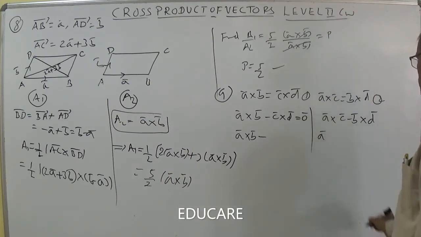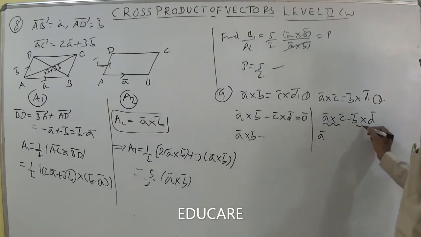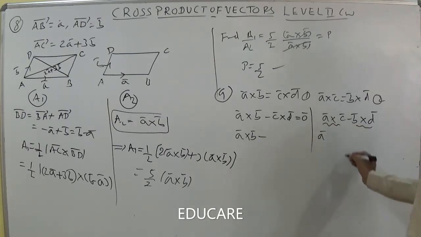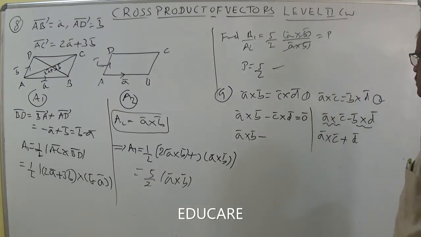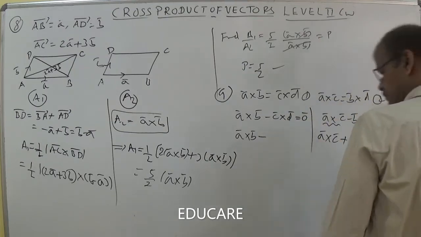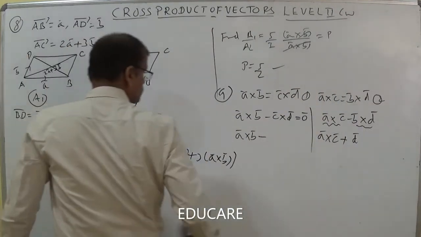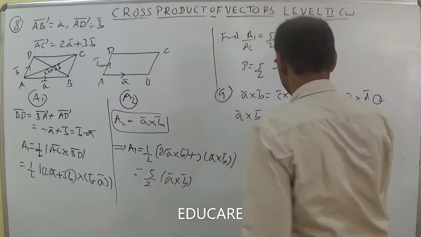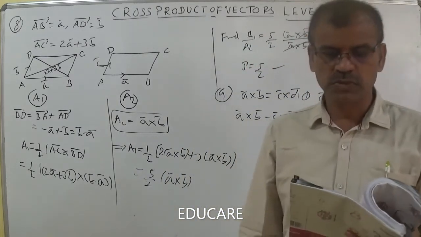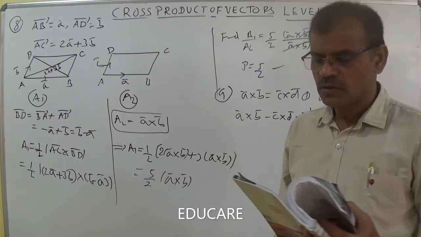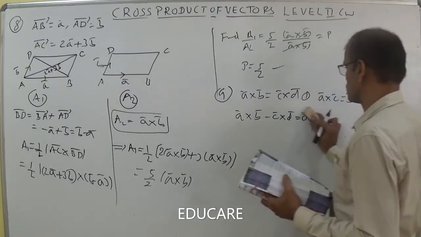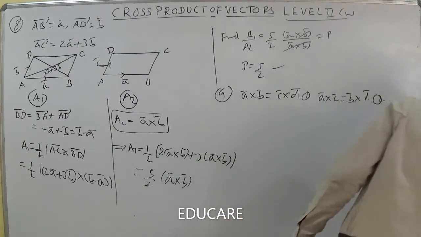If we take B minus C, A minus C, right? Let us read the data: A bar cross B bar is equal to C bar cross D bar and A bar cross C bar is equal to B bar cross D bar, given. Like this we may not get it. We can do one thing.